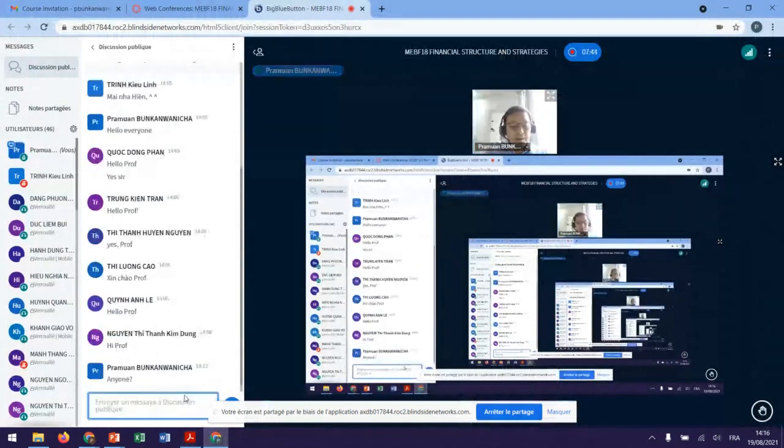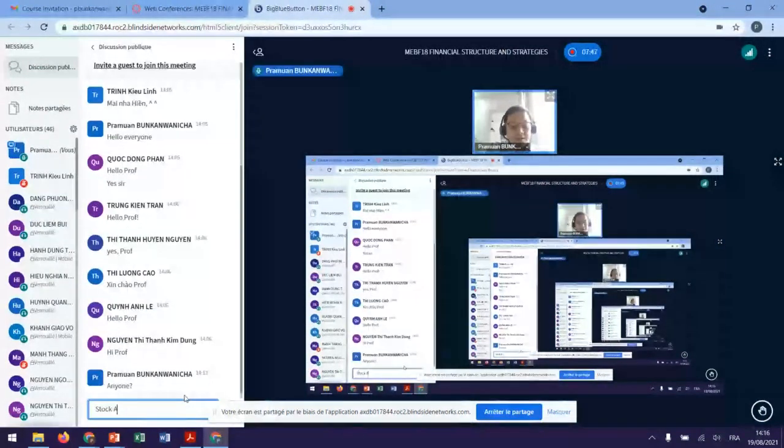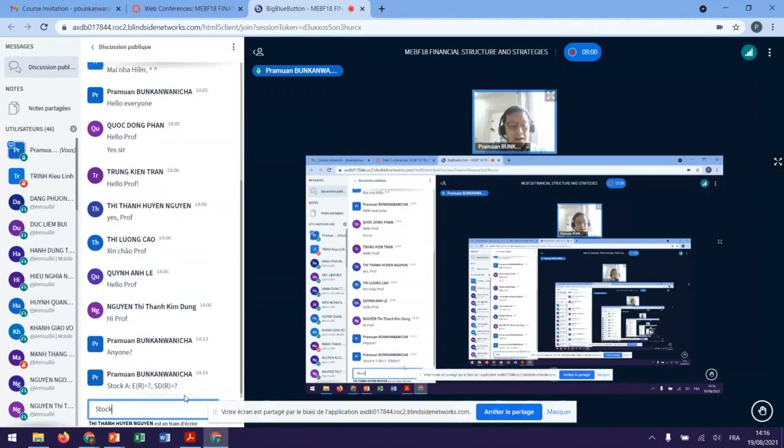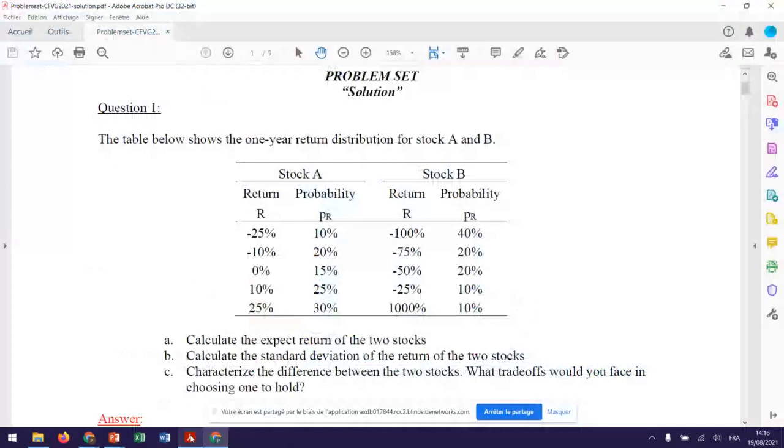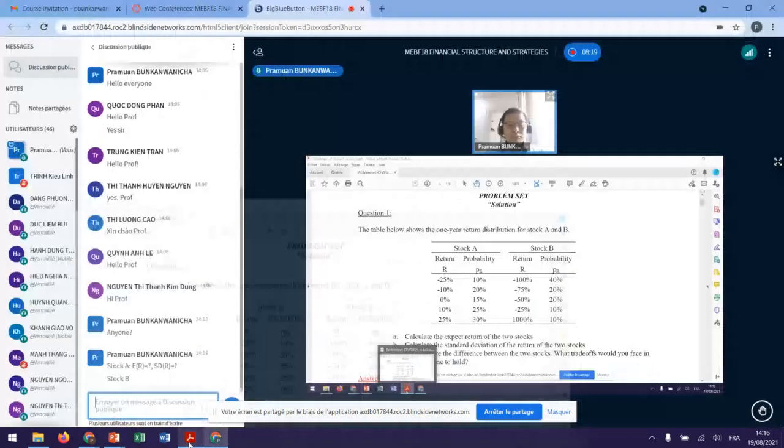What you have to do is help me find out the expected return and the volatility of each stock, stock A as well as stock B. Anyone have done the calculation of expected return and volatility of stock A and B? I'm talking about the problem set question number one. Anyone?